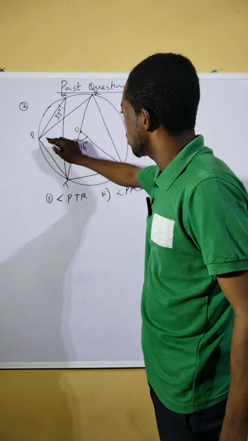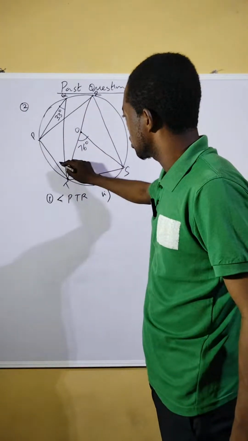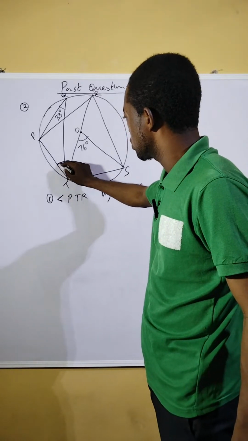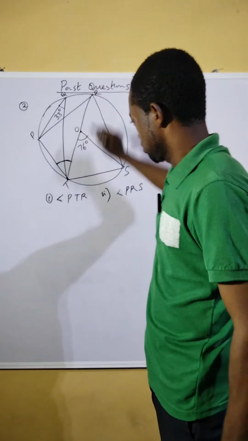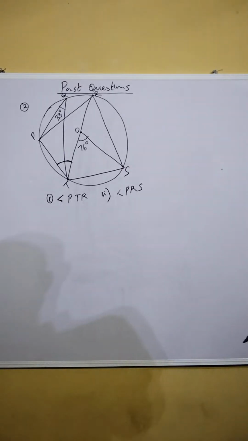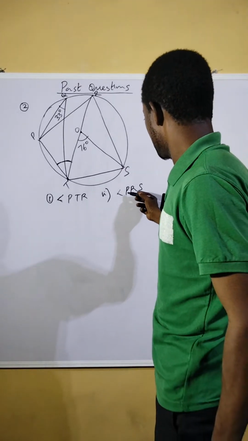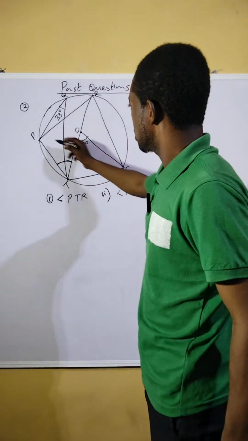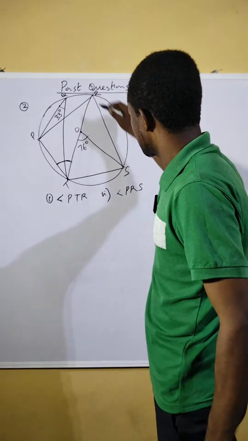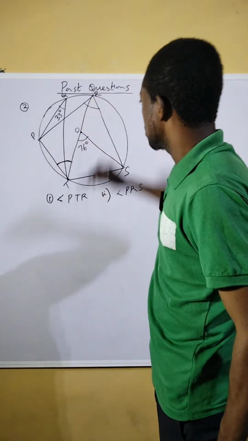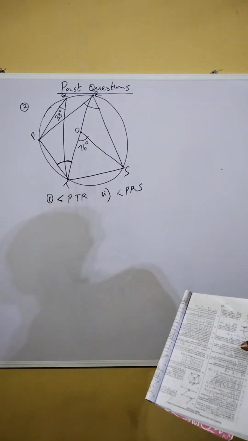Angle between line PT and line TR. So all this angle here, PTR. And also we are finding angle PRS. This angle here. So that is what we need to find.